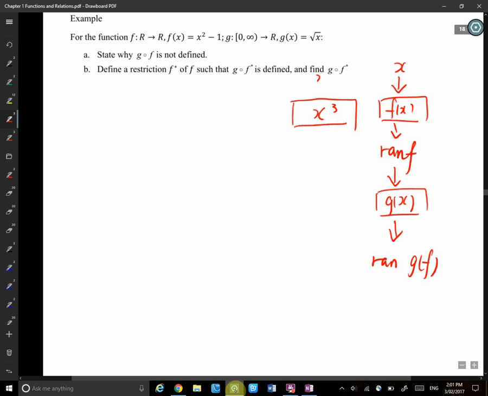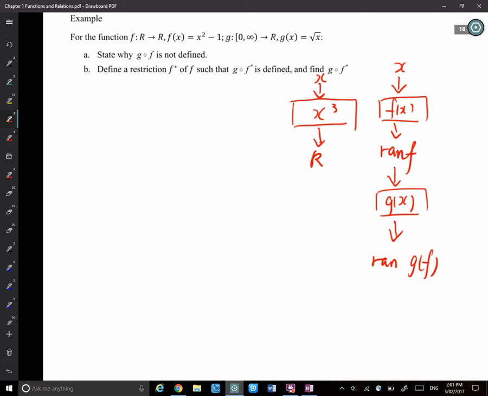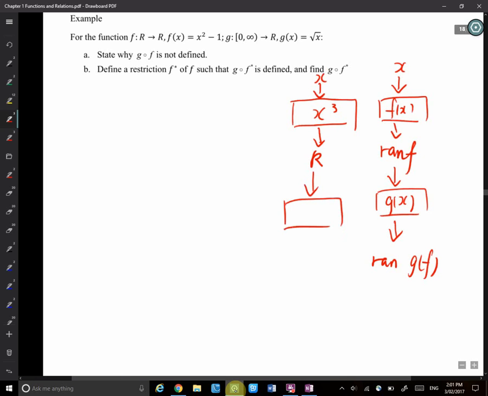What we put in for x is all fine, every x value is fine. And what's the range for a cubic function? It will be R, everything that can come out. Now my g(x) function is the square root of x.